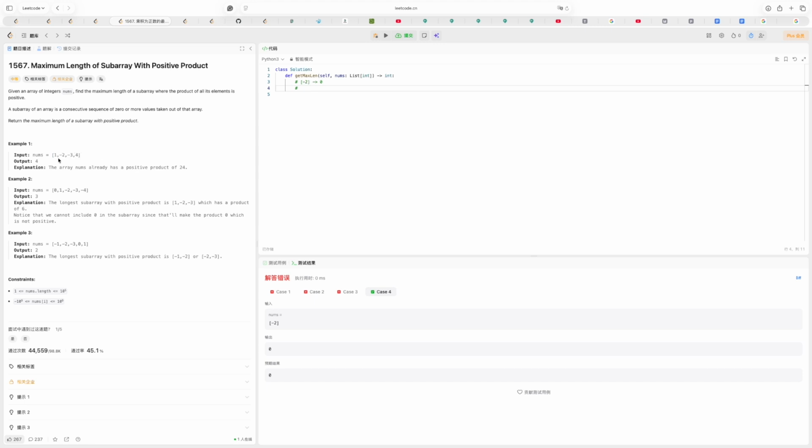And it is a subarray, so when we are here, it will be the previous length plus 1.